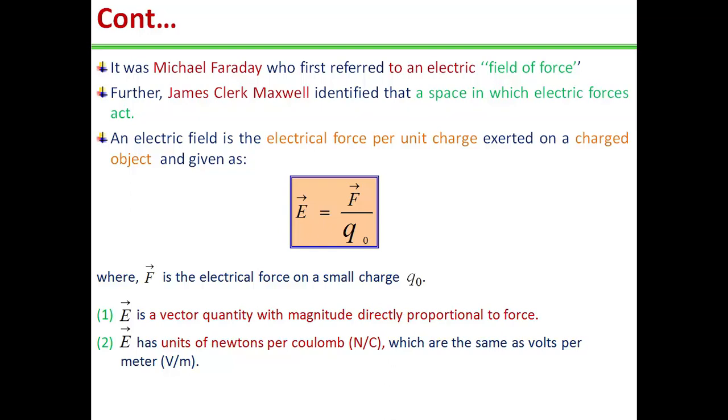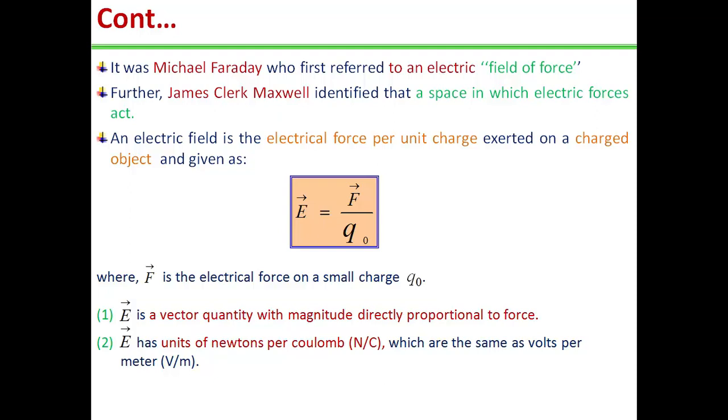So we can define the electric field as the electrical force per unit charge exerted on a test object, and it can be written as E is equal to F divided by q naught, where vector F is the electrical force on a small charge q naught.